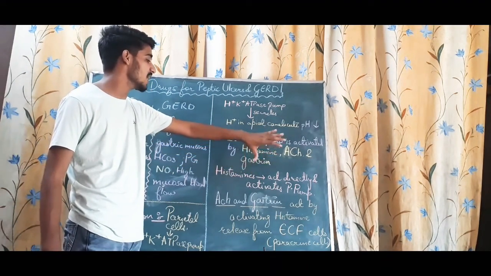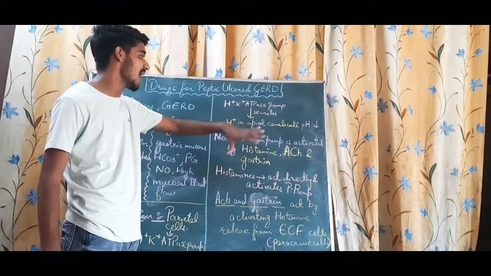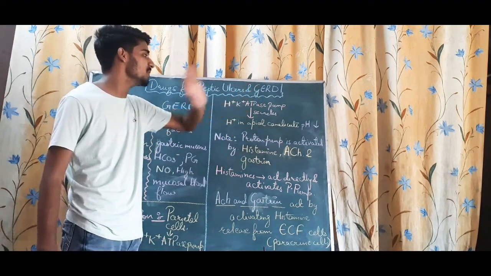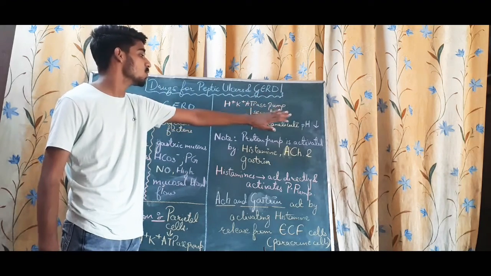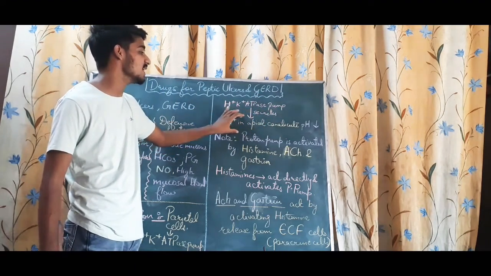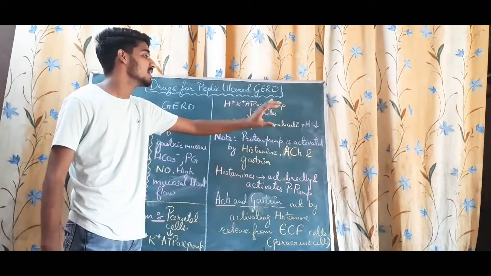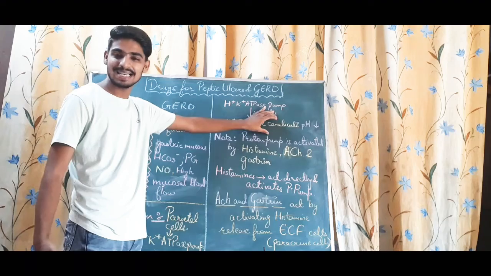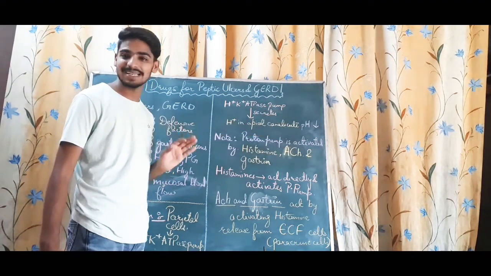When histamine, acetylcholine, and gastrin act on the stomach, they activate the hydrogen potassium ATPase pump, that is the proton pump, and then hydrogen is secreted in the apical canaliculi, adding on to the gastric acid, and thus the pH will change.